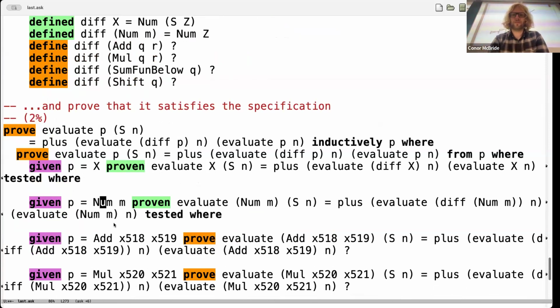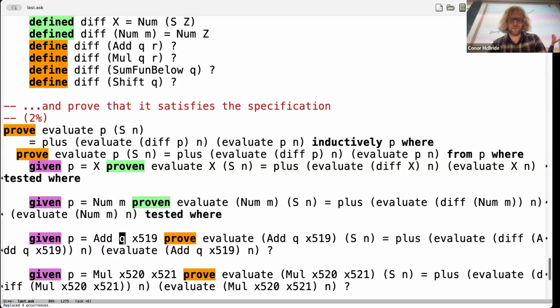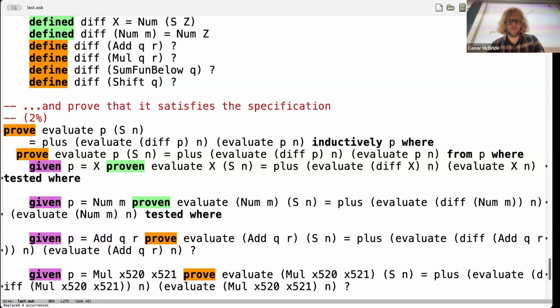Well, again, the goal tells you what to do, and it shouldn't be a surprise. All of these operators are about what happens to the output when you change the input.